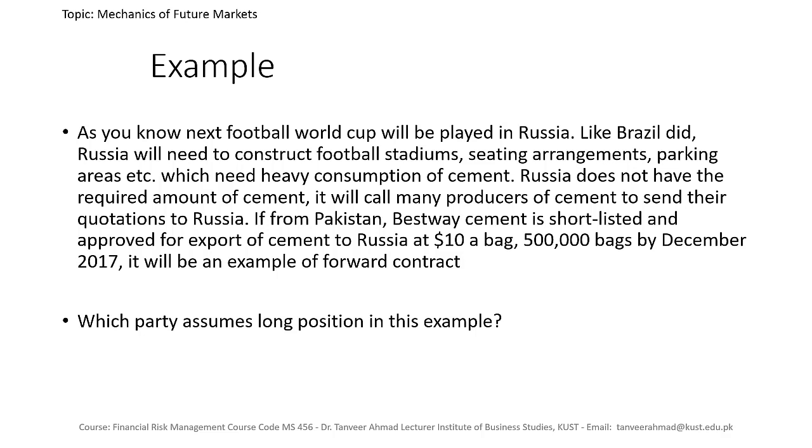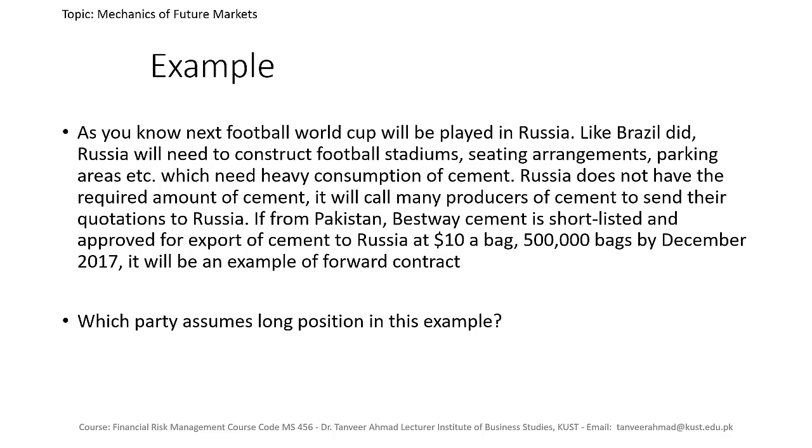It will call many producers of cement to send their quotations. If Best Choice Cement from Pakistan is shortlisted and approved for export of cement to Russia at $10 a bag, 5 lakh bags by December 2020, ignore the 2017, it will be an example of a forward contract.